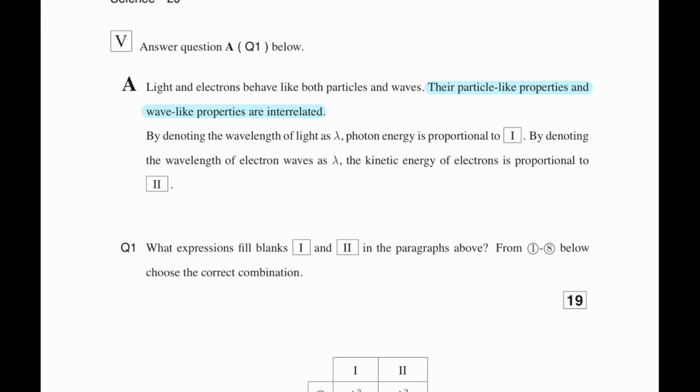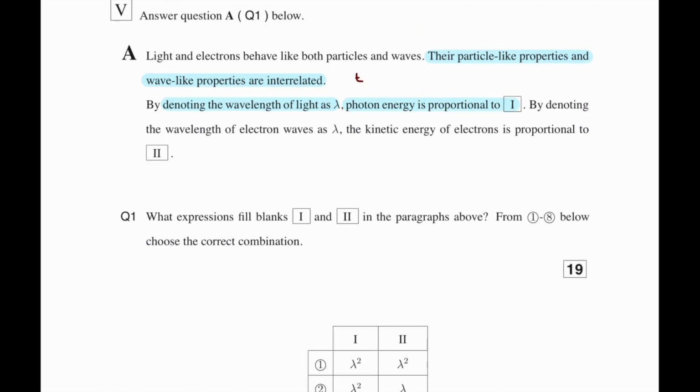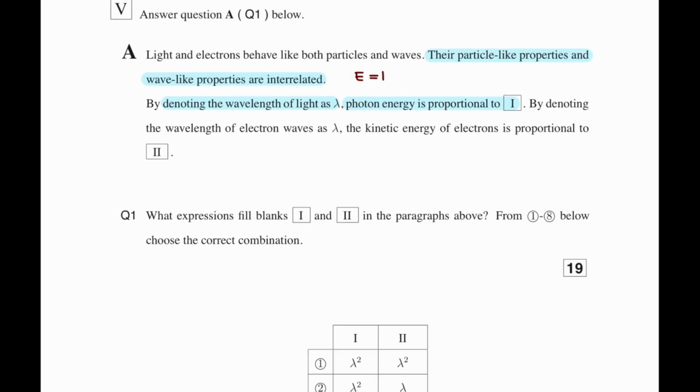By denoting the wavelength of light as lambda, photon energy is proportional to blank. Photon energy can be calculated by using the formula E, the photon energy, equals hc over wavelength. h is the Planck constant, and c is the speed of light. So both h and c are constant.